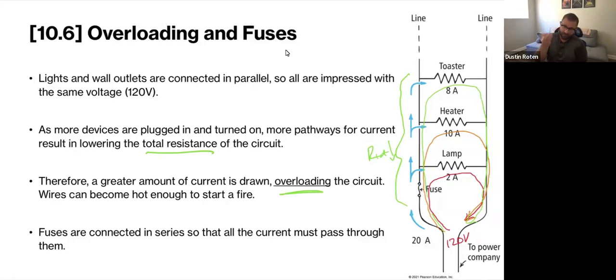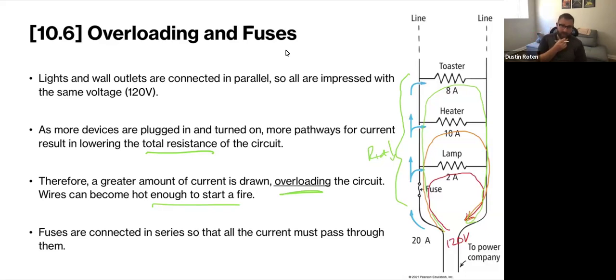Basically, wires can become so hot from overloading. They're able to move so much current through so many paths that essentially they can actually start a fire. And this is how a lot of electrical fires start, is just from having too many things plugged up. The wires get hot and melt. And that's where you get electrical fires from.